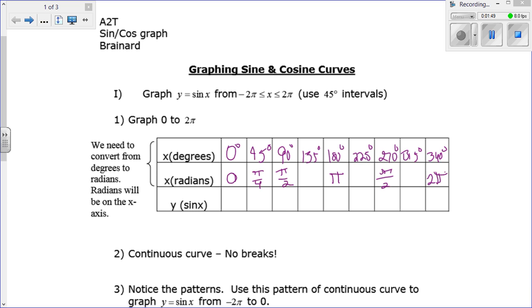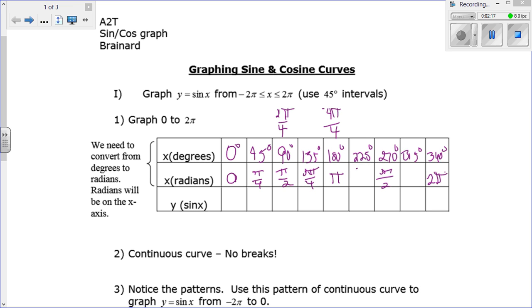And really the way to do this is to count by pi over 4s and just reduce your fractions. This would be 0 pi over 4, 1 pi over 4. This would be 2 pi over 4, which reduces to pi over 2. That would make this 3 pi over 4. 180 becomes 4 pi over 4, which reduces to pi.